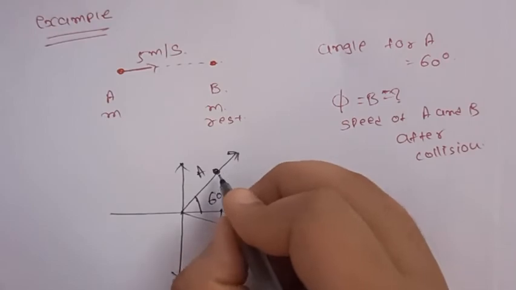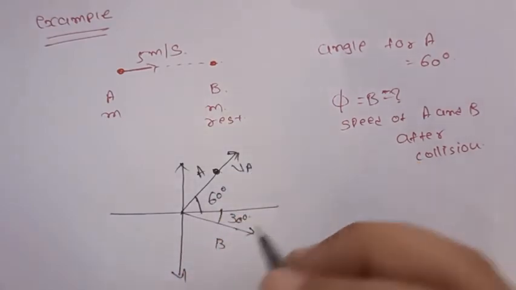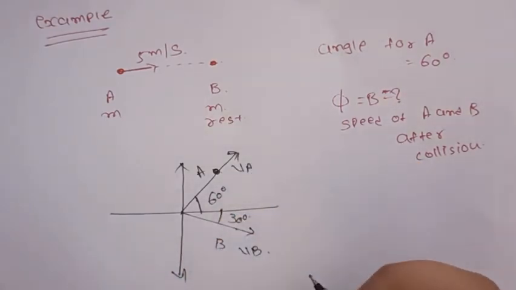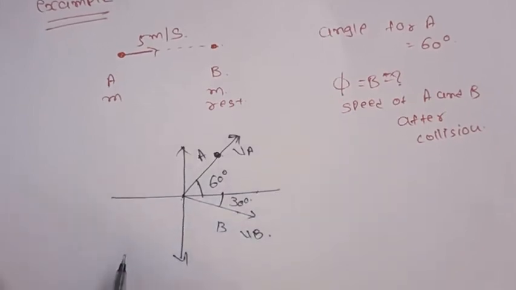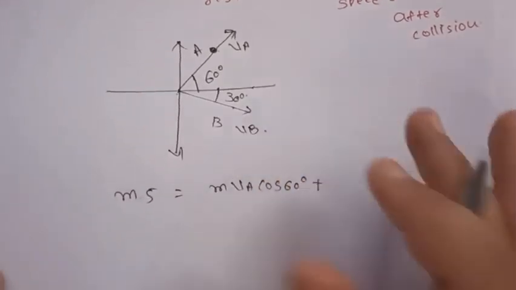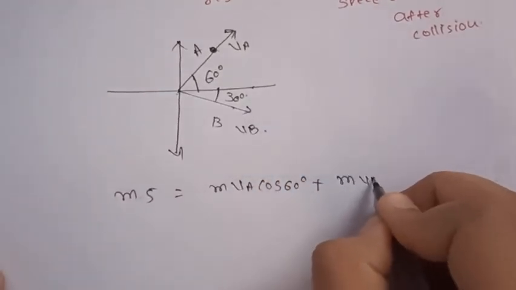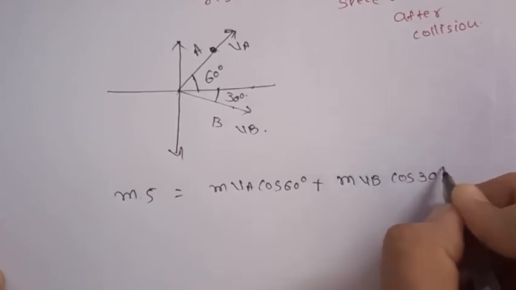Let us say velocity of A after collision is VA and velocity of B after collision is VB. We can use conservation of linear momentum. The linear momentum along x-axis will be conserved. So initial linear momentum m into 5 is equal to m into VA cos 60 degree plus m into VB cos 30 degree.